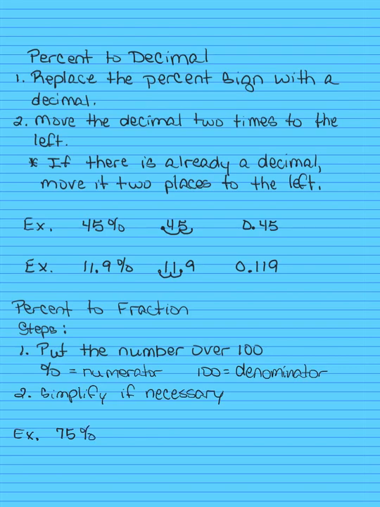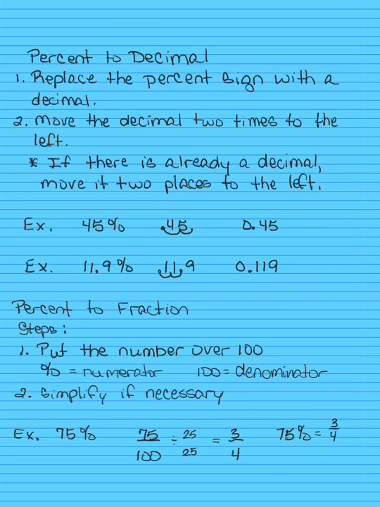So an example would be 75%. You're going to take your percent, which is 75, your numerator, and put it over 100, which is your denominator. You're going to simplify if you can, and in this case we can divide both by 25. So 75/100 reduces to 3/4.